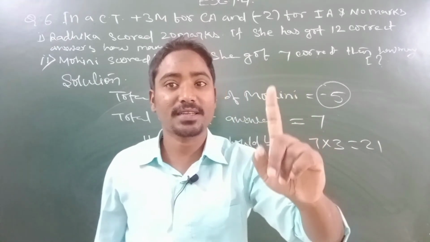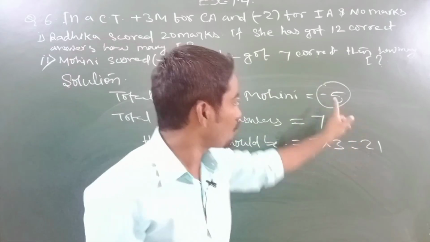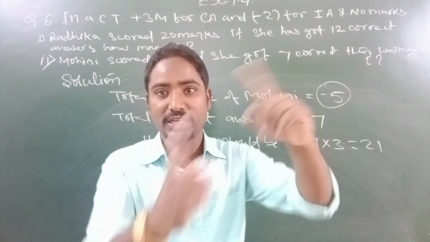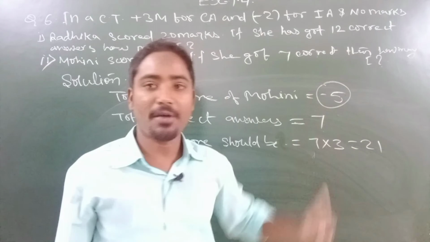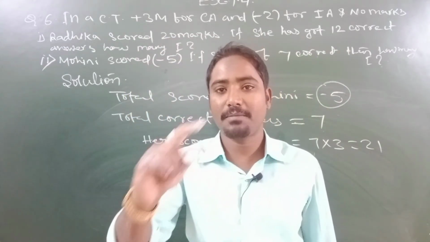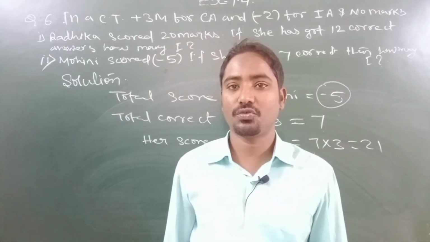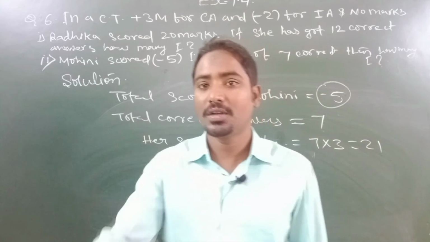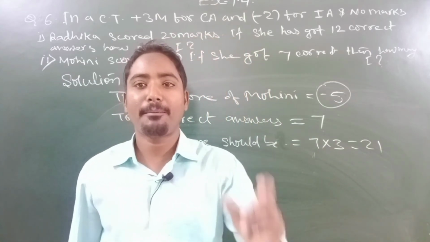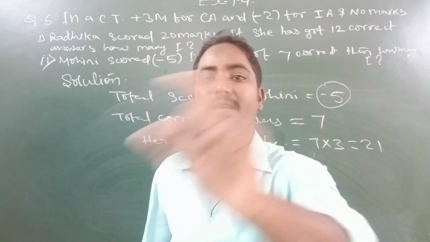When someone gives a wrong answer, how much minus happens? -2 marks. So we add these two and divide by 2, that is 21 plus 5, how much will you get? 26. And then you have to divide it by 2, as I divided in the first part. When you divide it by 2, you will get the total number of incorrect answers given by Mohini.